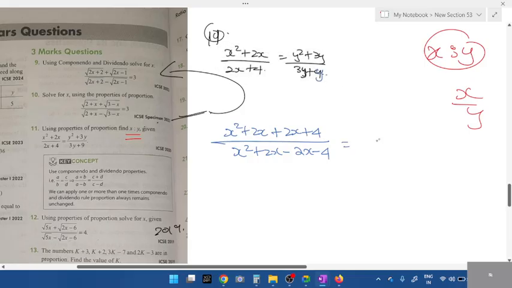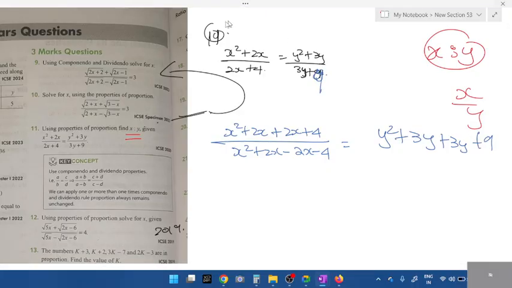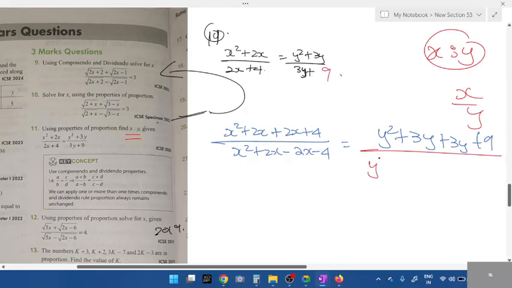Y square plus 3y plus 3y plus 9, divided by y square plus 3y minus 3y minus 9.